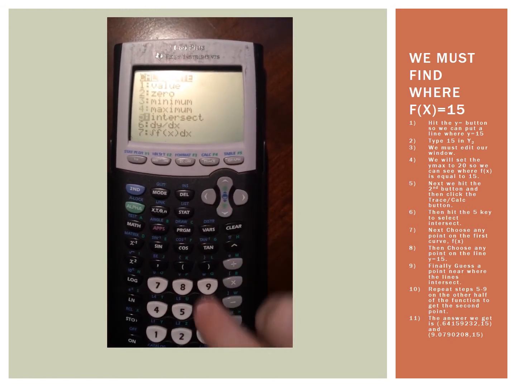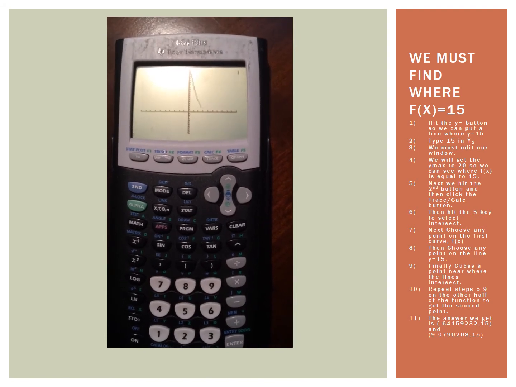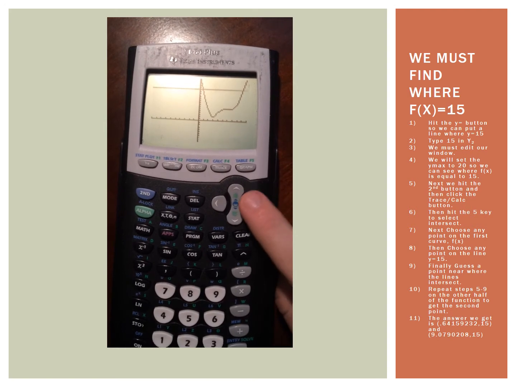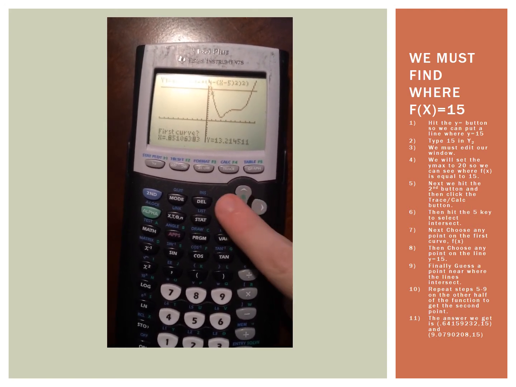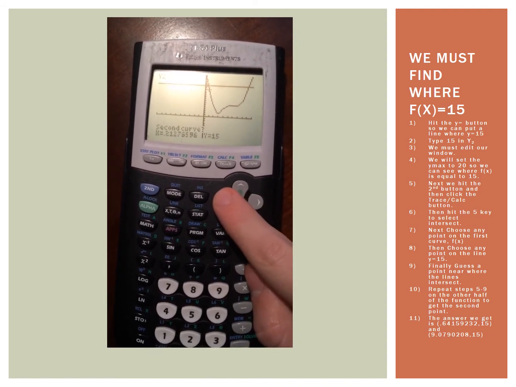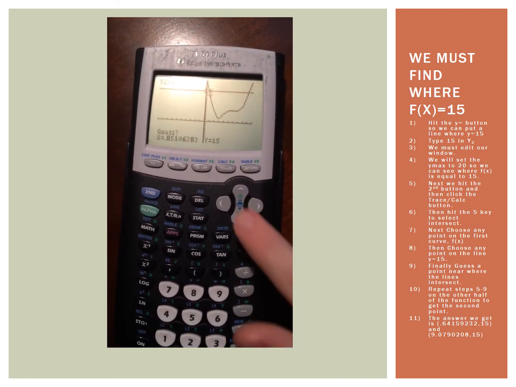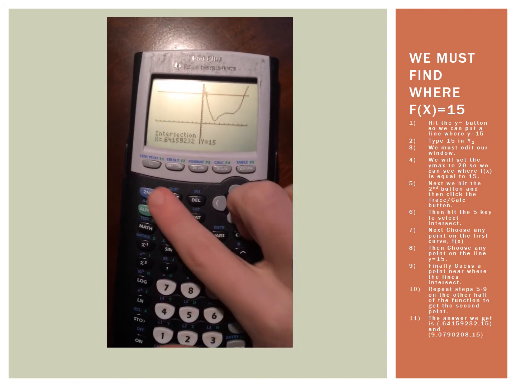Then we find the intersection points by hitting second calc, and then the 5 key for intersect. Then we hit a point on the left side of our function, or the left side of the y equals 15 function, and choose a point close to where they intersect. And we got our first intersection point.